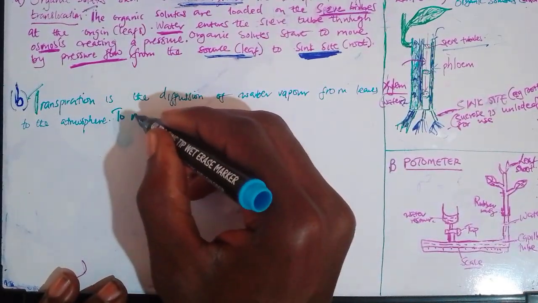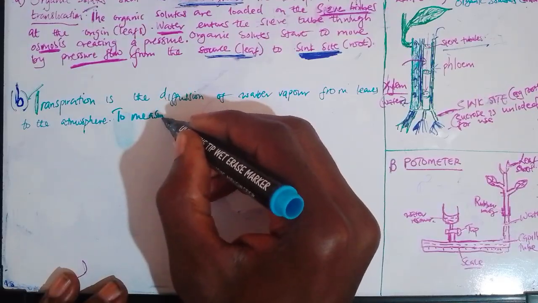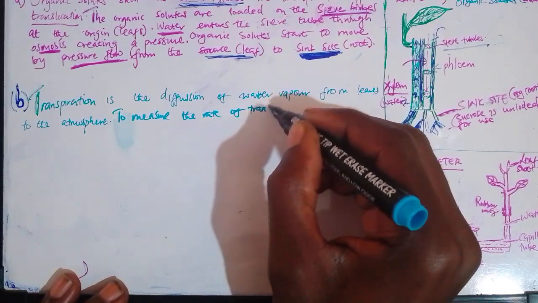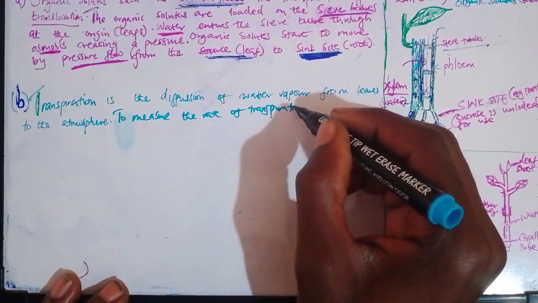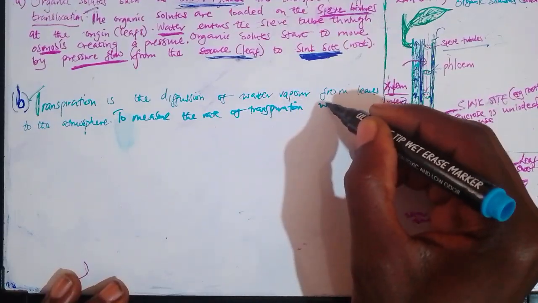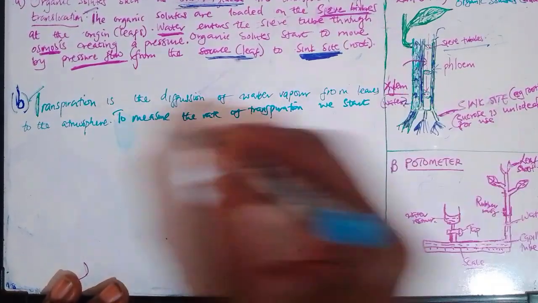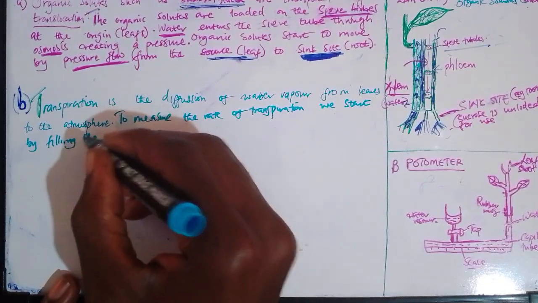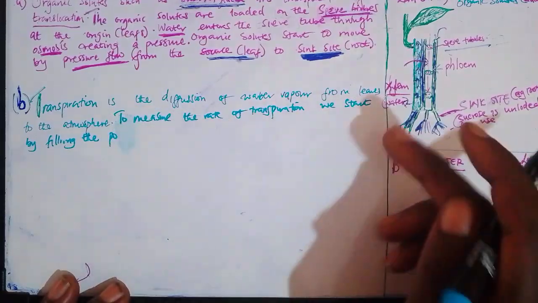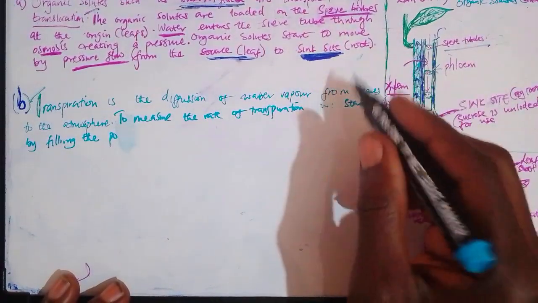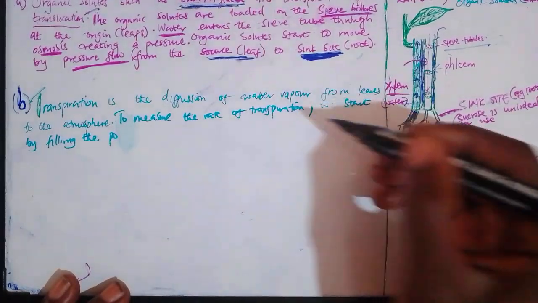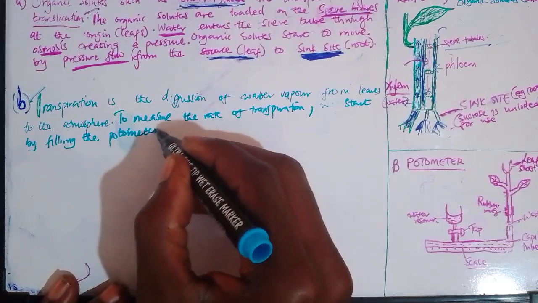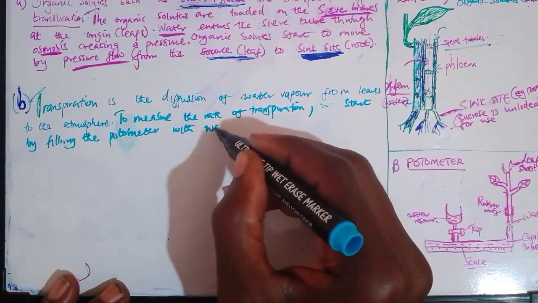To measure the rate of transpiration, start by filling the potometer with water.